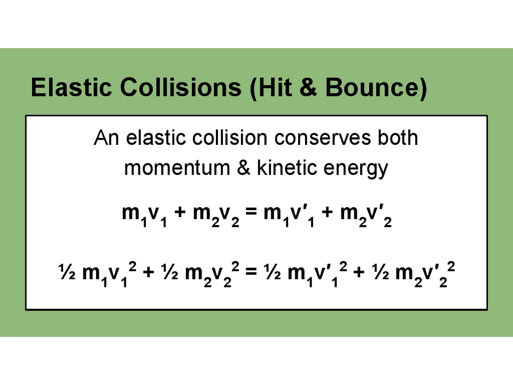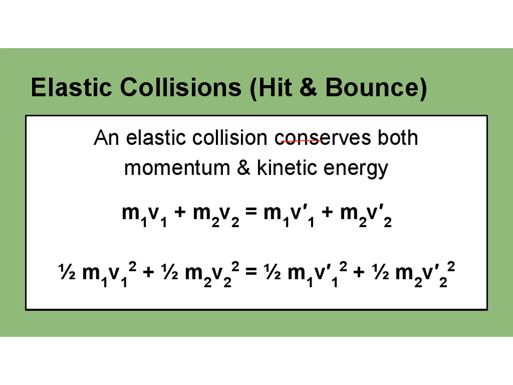Now, if it's a perfectly elastic collision, if these things bounce off of each other and there's no loss of momentum, there's never any loss of momentum because it's always conserved, and if there's no loss of kinetic energy, sometimes there is loss of kinetic energy, but in a perfectly elastic collision, we don't lose any.